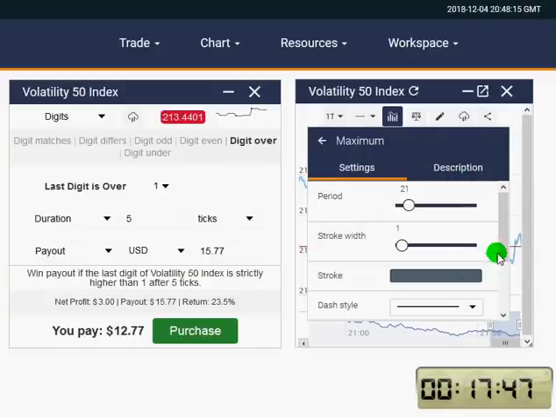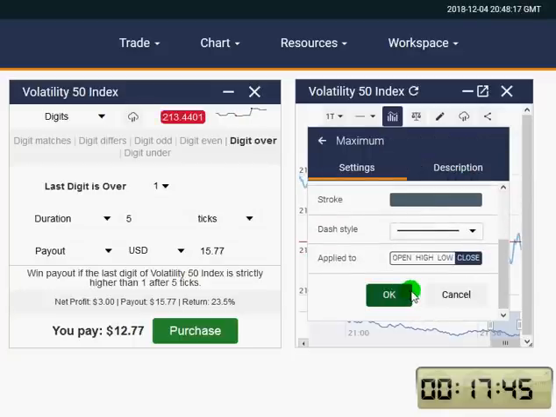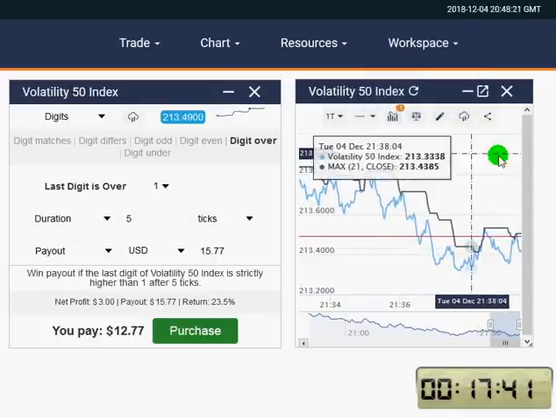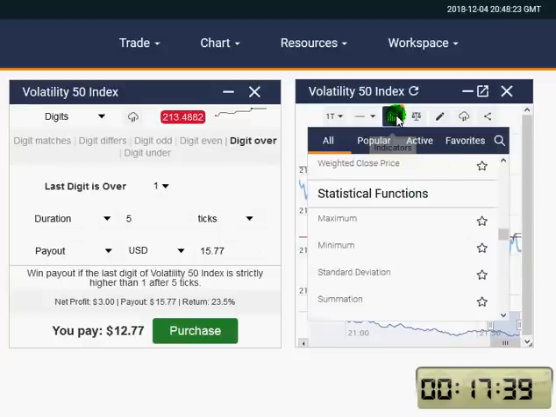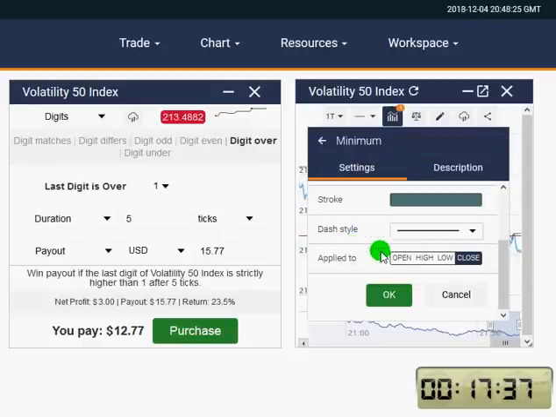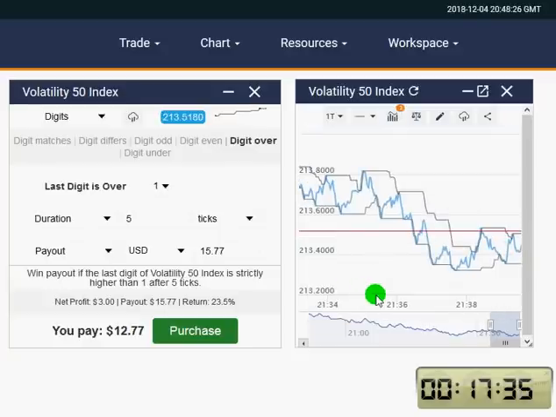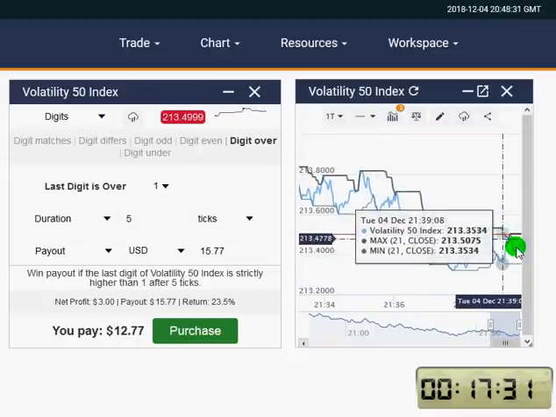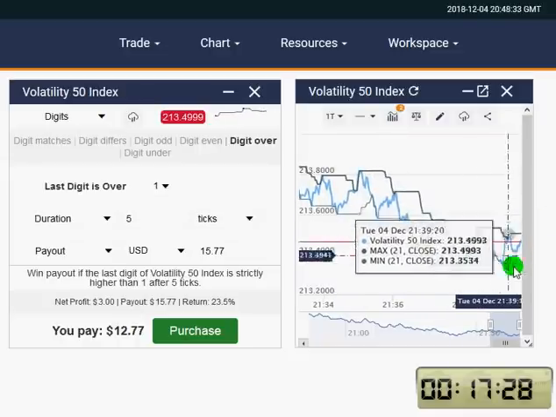So I'll change this to maximum. Then I'm going to go back to the indicator again. Then I'll select minimum. Good. These are two indicators, the minimum and the maximum indicator.